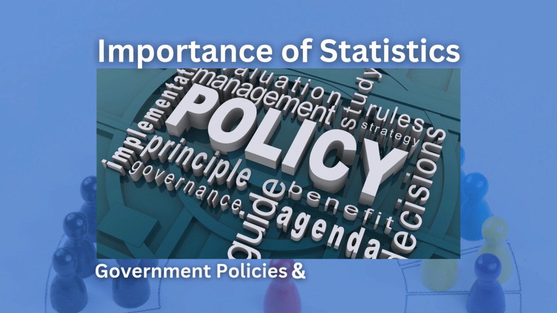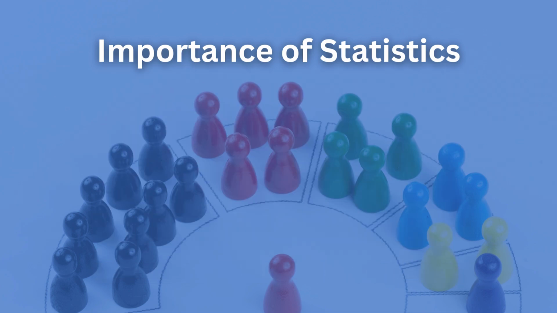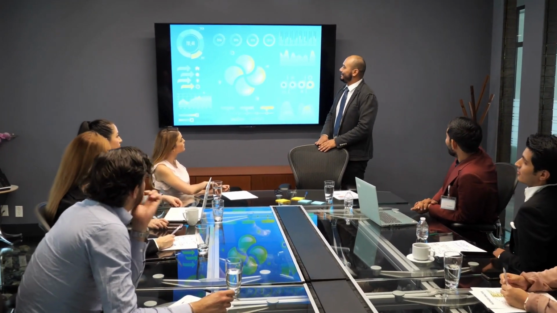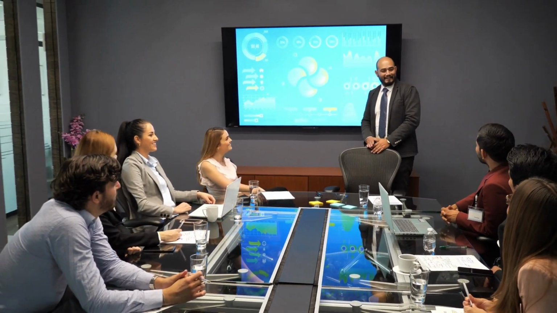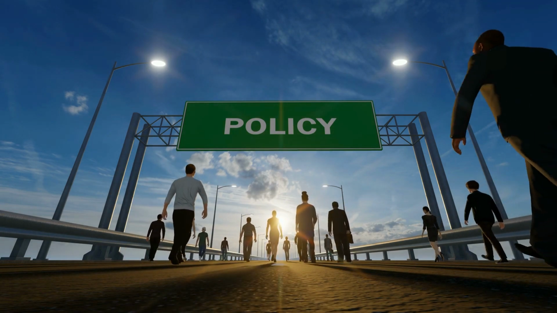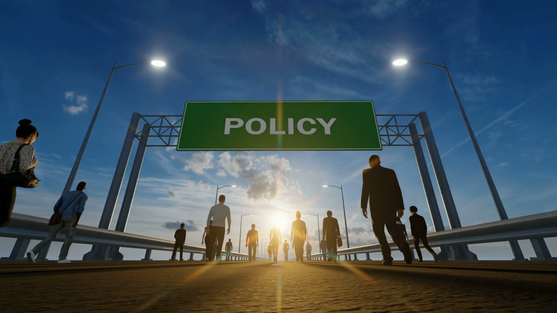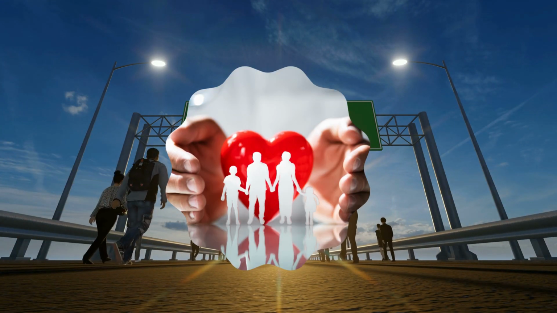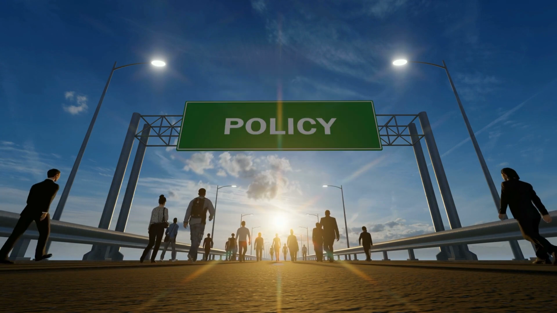Next importance of statistics is government policy and decision making. Governments are also using statistical data for drawing conclusions for making decisions. Government uses statistical data for making policies related to health, employment, and economy.